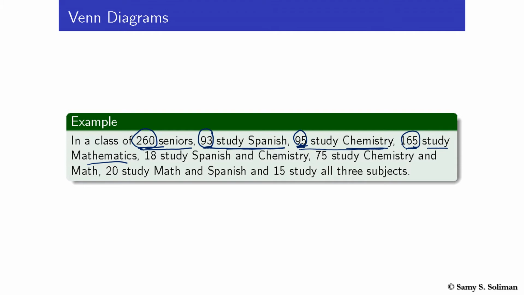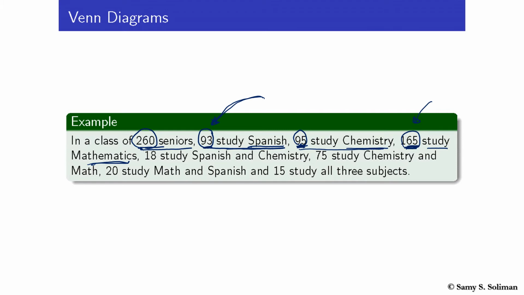So out of those 165 studying mathematics, some of them who are studying Spanish are already included in these 93. So we can expect that in general, the students who study Spanish and mathematics are counted both in these 93 and in this 165.